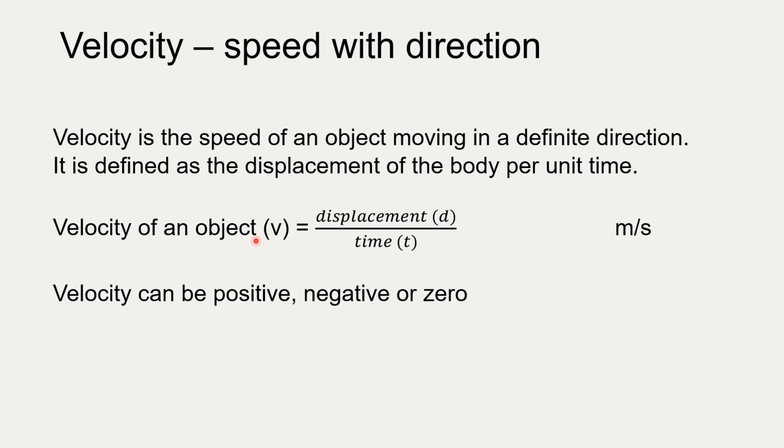It is expressed as velocity of an object v is equal to displacement upon time. The SI unit of velocity is meter per second. The velocity can be positive, negative or zero. Remember, velocity is a vector quantity and we need to take into account both magnitude and direction.